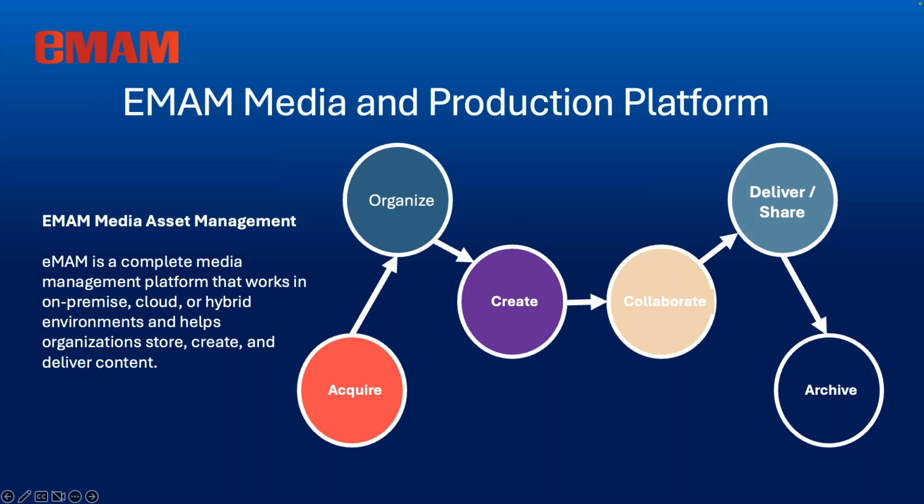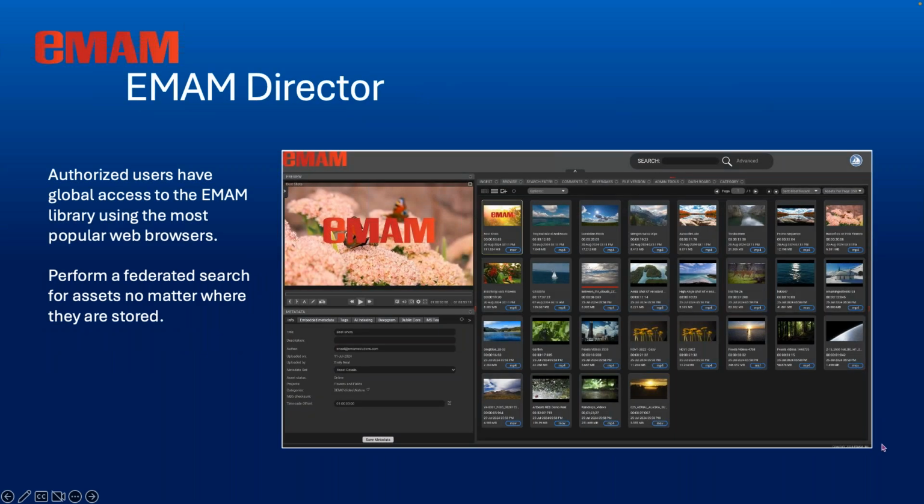I am sure all of you are familiar with the eMAM Director interface. It's a web-based browser interface, so you do not have to download or install any application on your laptops or desktops. From the same browser, you get access to a wide variety of content. You can do different kinds of searches, which now includes a federated search.